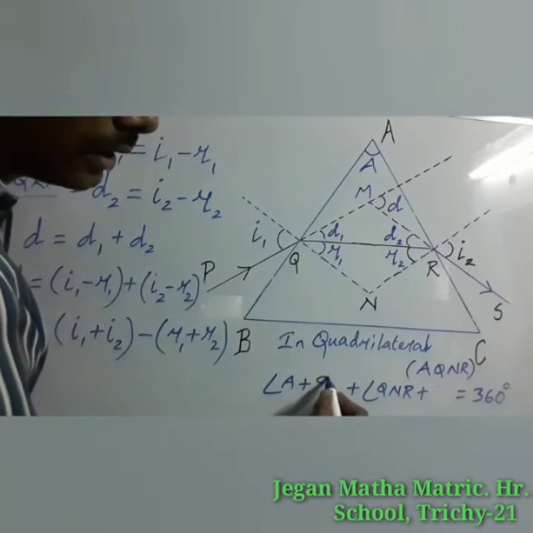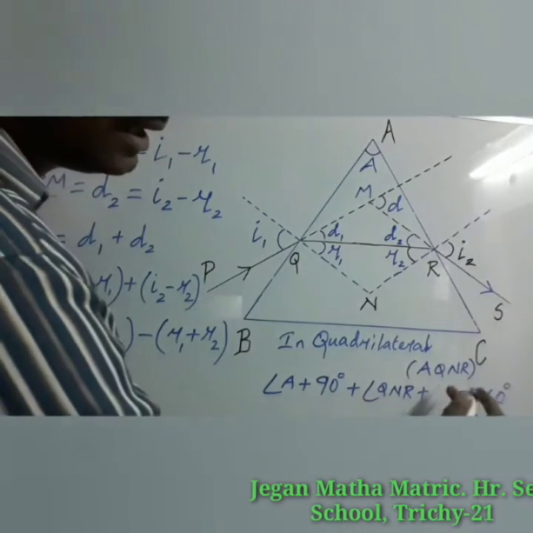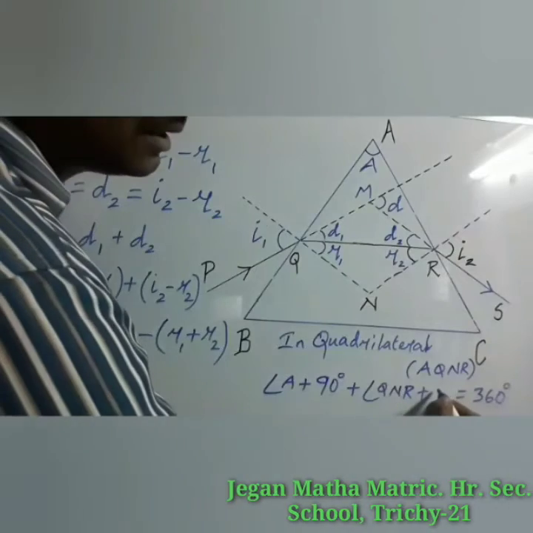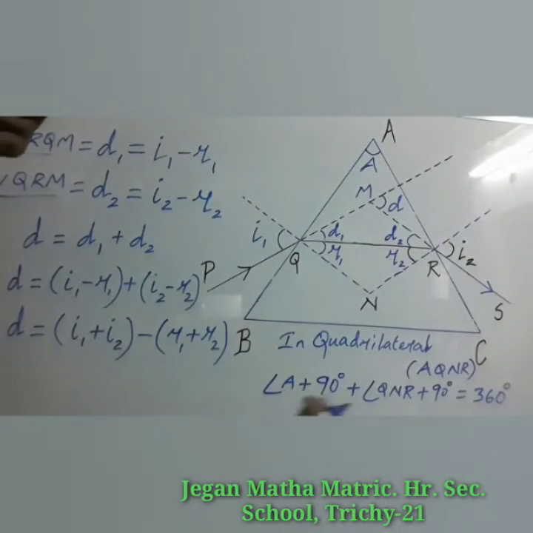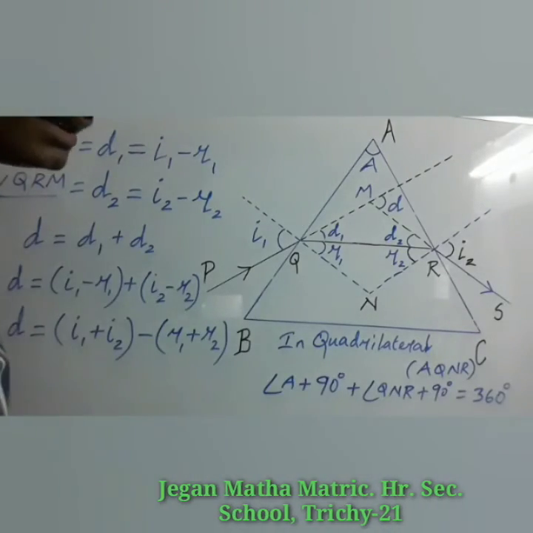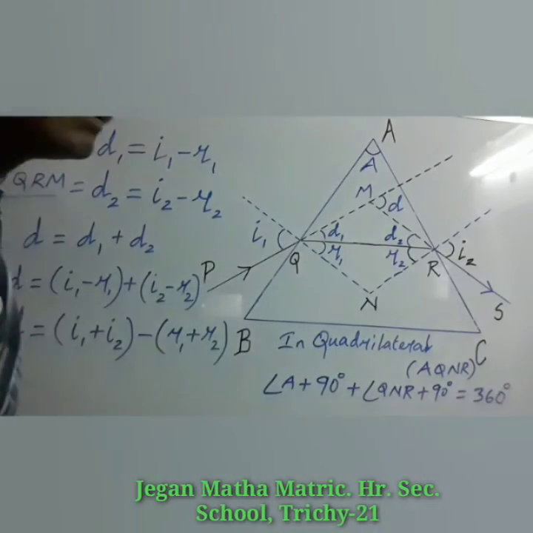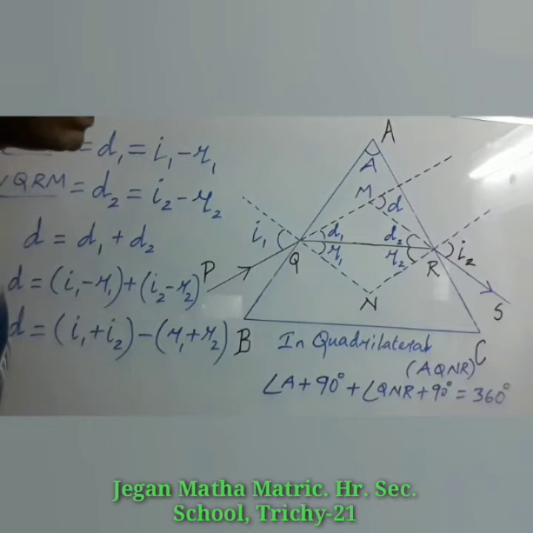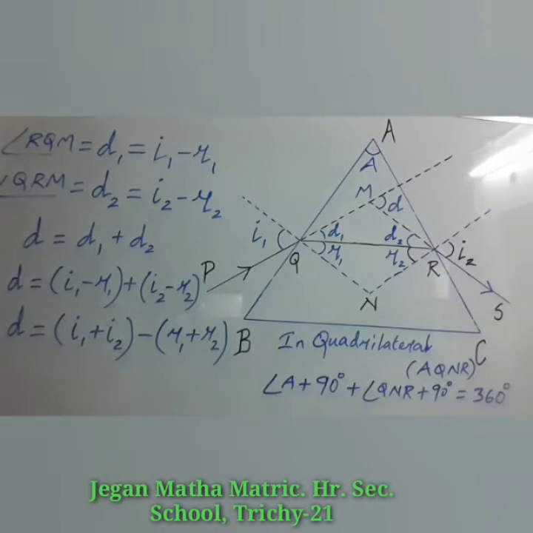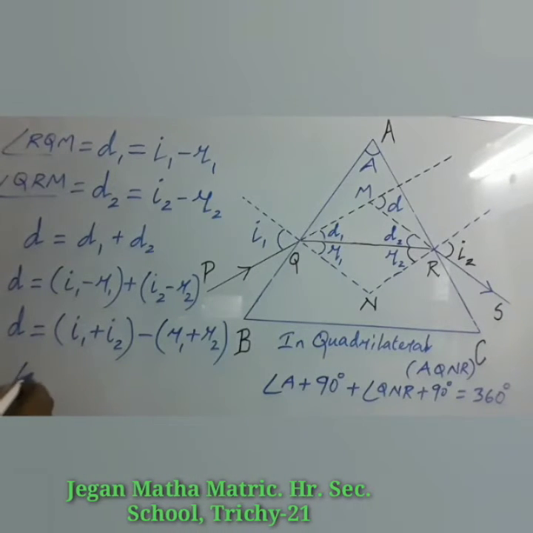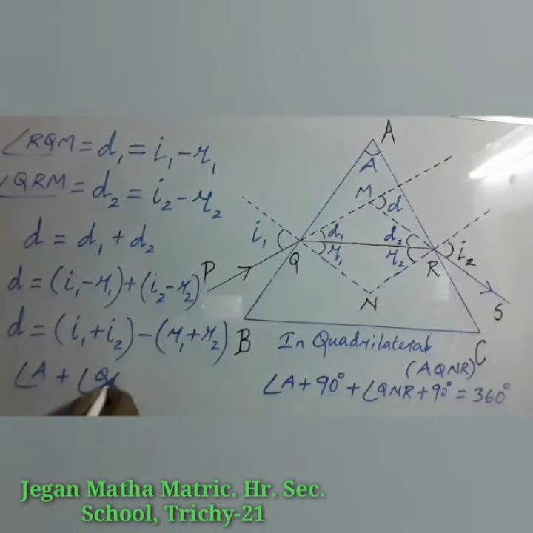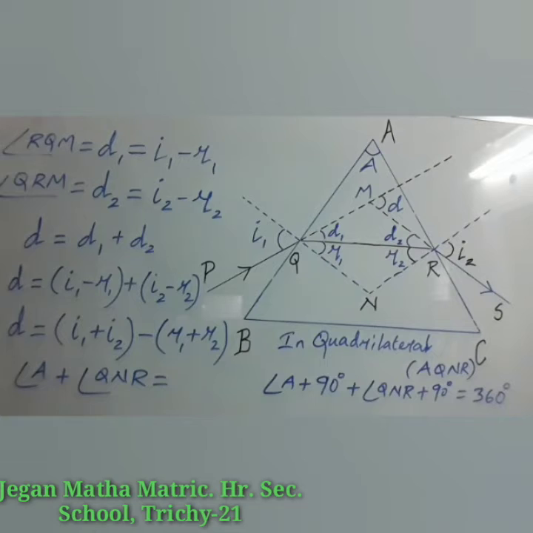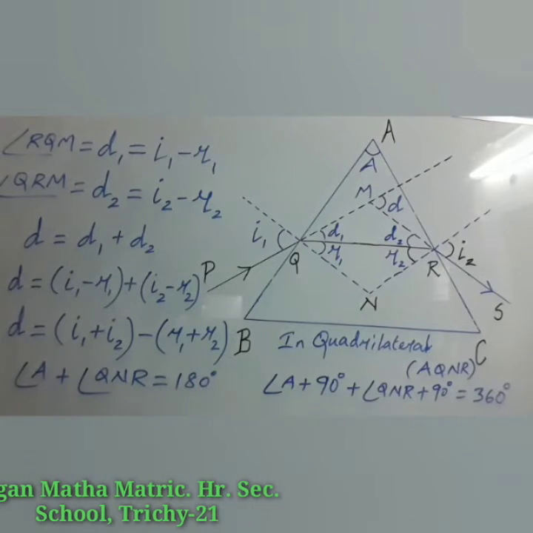So the angle at the point Q is 90 degrees, and the angle at the point R is also 90. So 90 plus 90 is 180. That 180 can be taken to the right side. 360 minus 180 is equal to 180. So the remaining can be written here: the angle of the prism plus angle QNR is finally equal to 180.